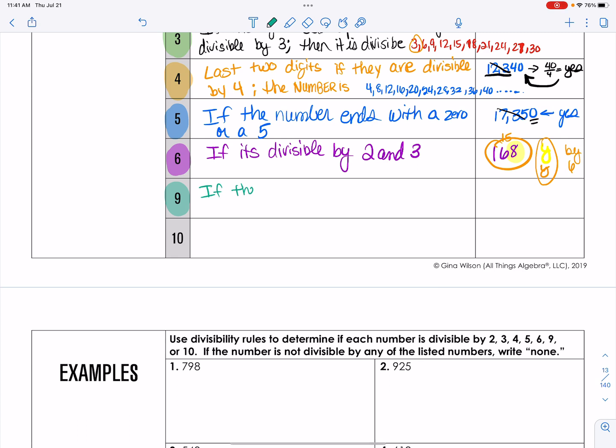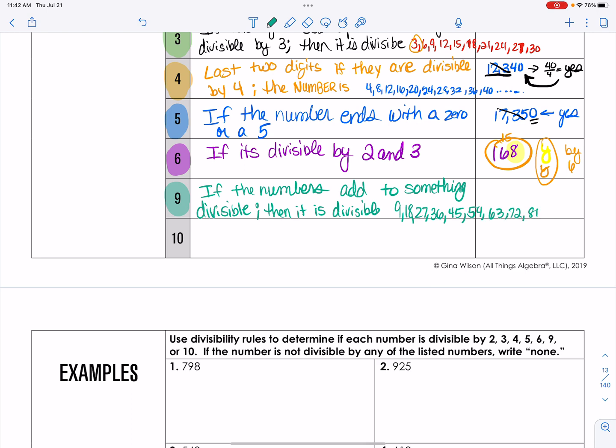If the digits add to something divisible by 9, then it is divisible. So you got to know your 9s, like 9, 18, 27, 36, 45, 54, 63, 72, 81, 90, 99. You got to kind of know those.